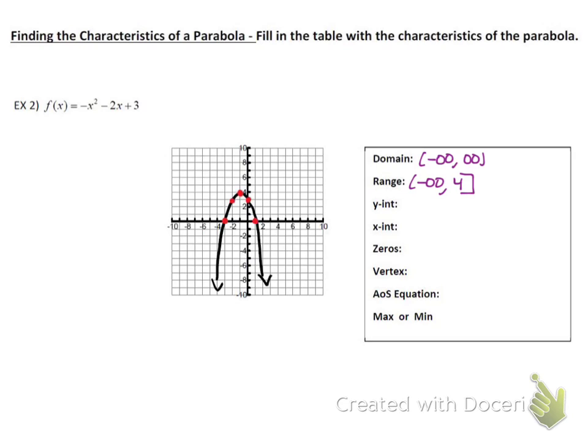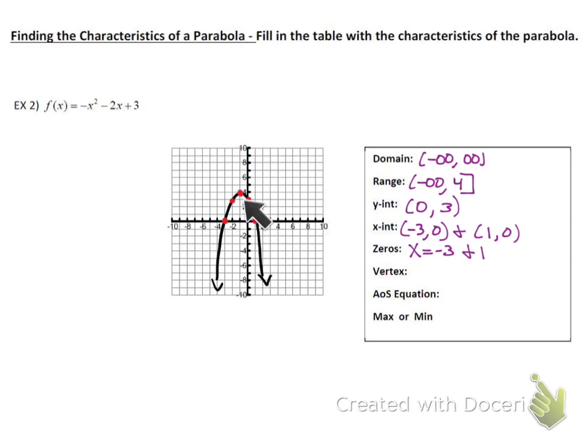Y-intercept, this particular graph, we can see the y-intercept, no math necessary. That y-intercept is located at 0, 3. X-intercepts, this graph crosses the x-axis twice at -3, 0, right here, and 1, 0 right here. The zeros are those x values. Make sure you have x equals, in this case, x equals -3 and 1.